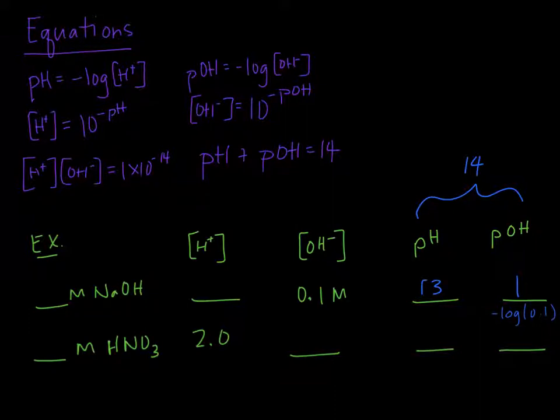So next I have to find the hydrogen ion concentration. And so to find the hydrogen ion concentration, I'm going to use this right here. The hydrogen ion concentration will be equal to 10 to the negative pH. So in my calculator, I put second log negative 13.